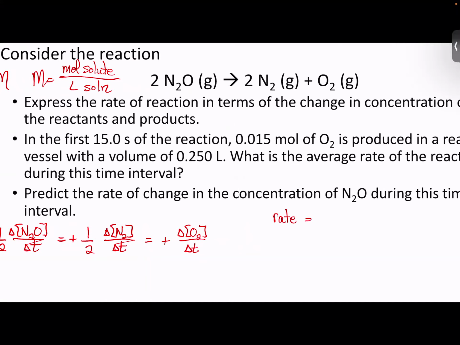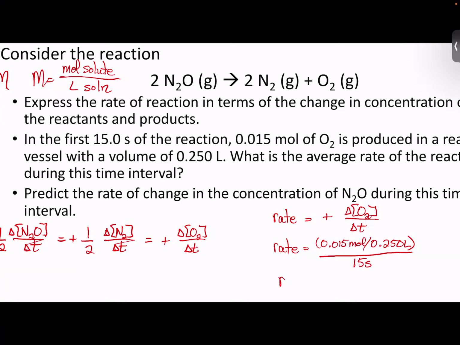So rate is going to be equal to a positive delta of O2 over delta T. So my rate is equal to the concentration, so that's 0.015 moles divided by 0.250 liter, divided by the change in time, which is 15 seconds.